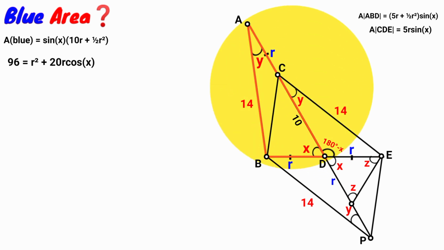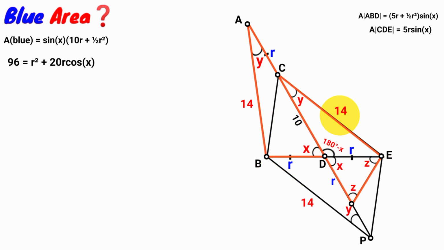Now look at this triangle ABD. The length of this side is 14 units, and that of this side is the summation of this R and this 10. So it's 10 plus R. This angle between the two sides has its size to be Y. The same is for this triangle.